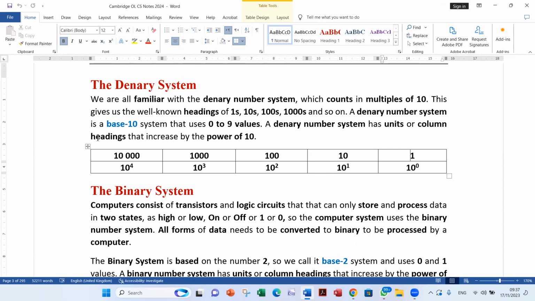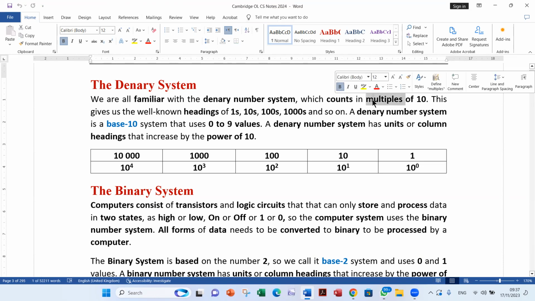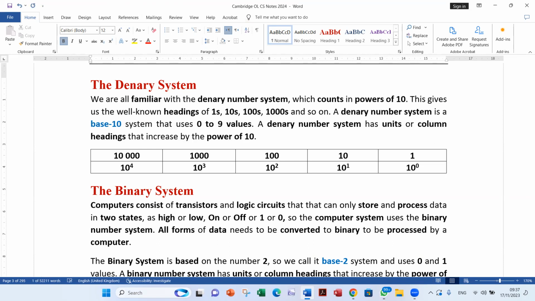This gives us the well-known headings: units and tens and hundreds and thousands and so on. A denary number system is base 10. That's why we call it base 10, because we have column headings that are powers of 10. We also have the values from 0 to 9, and these are 10 shapes, 10 digits.